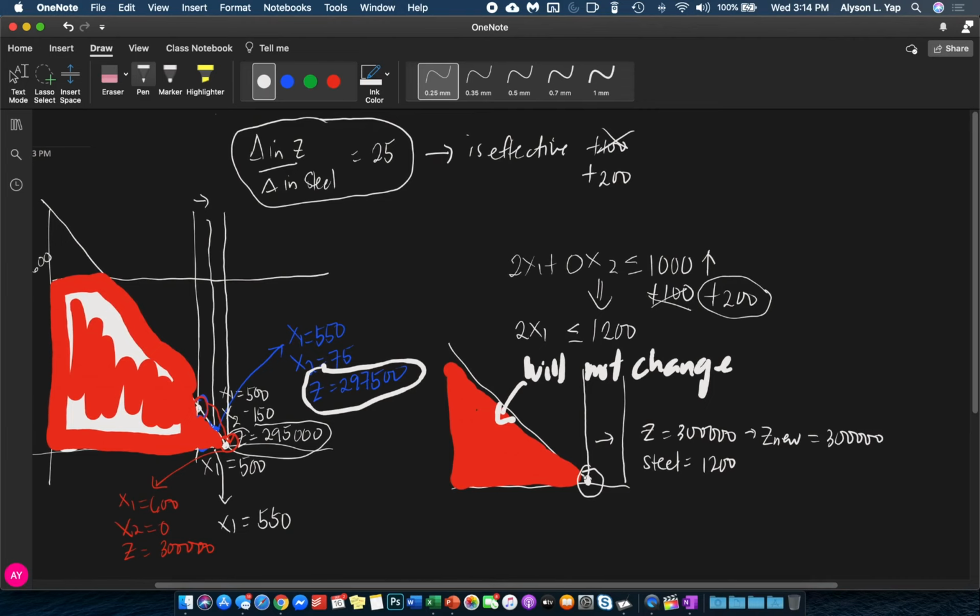Why? Because your feasible region will not change, and therefore your optimal corner point will still be at this corner point.